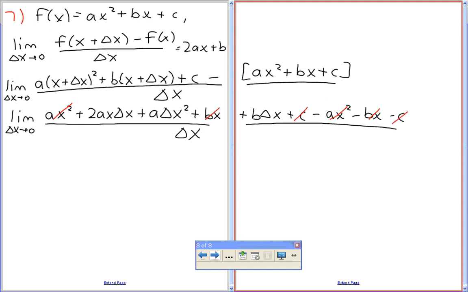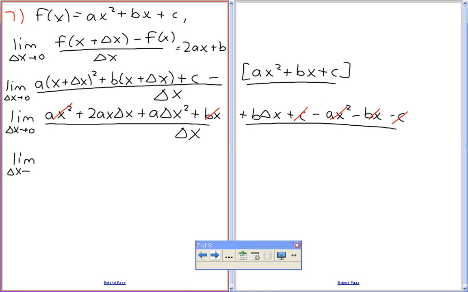Good. So, John, what do I write for the next line? Because I like writing things in order, how about a delta x squared plus 2ax delta x plus b delta x over delta x. Lovely.